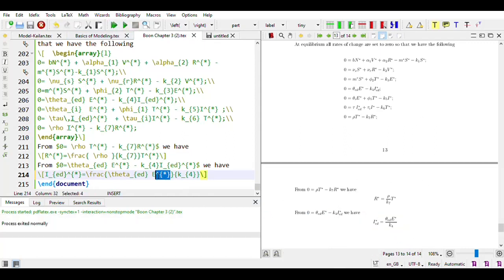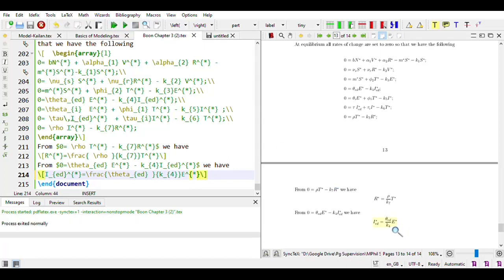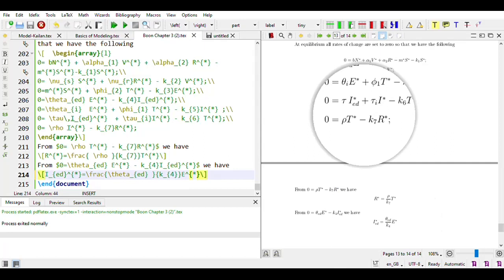Okay, so we have this. Better still, if you want to let the constants stand out easily, we have something like this. So we have IED, and then going back, you notice that we have IED in terms of I here.